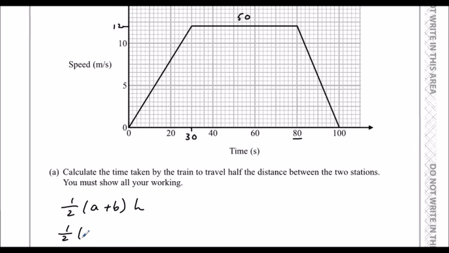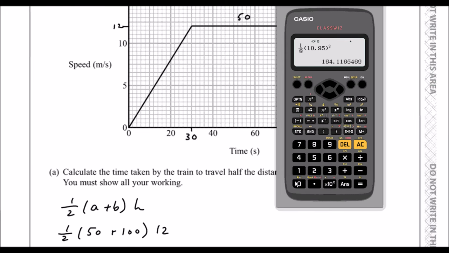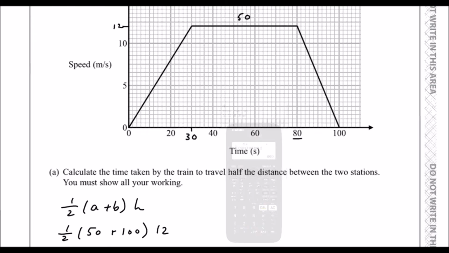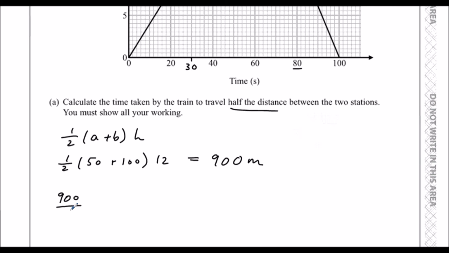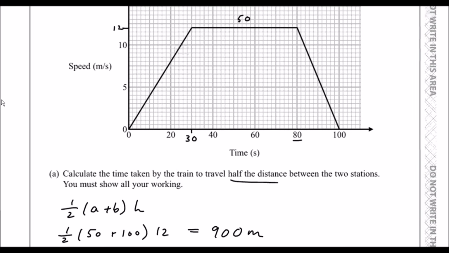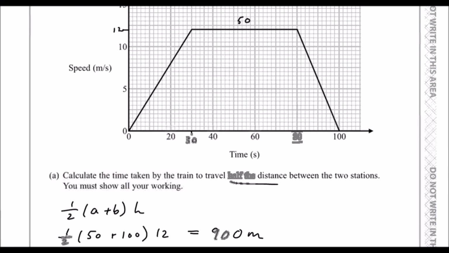So half of 50 plus 100 times the height, which is 12, is 900. So we went 900 meters in total. So half the distance is 450 meters. So how long did it take to go 450 meters?